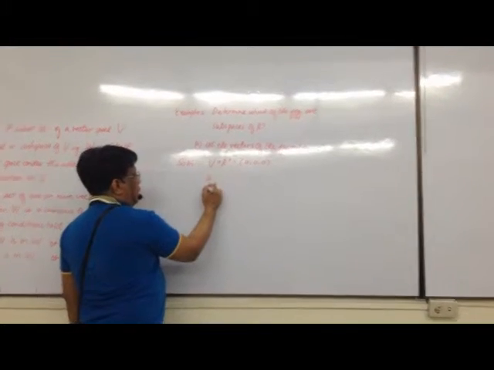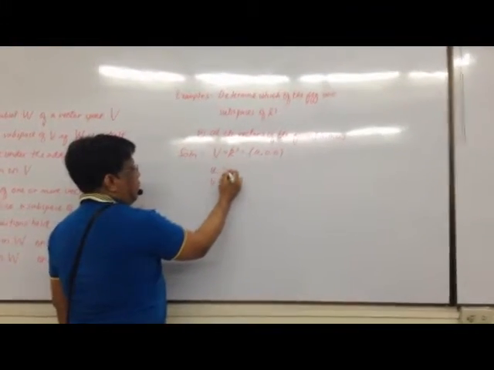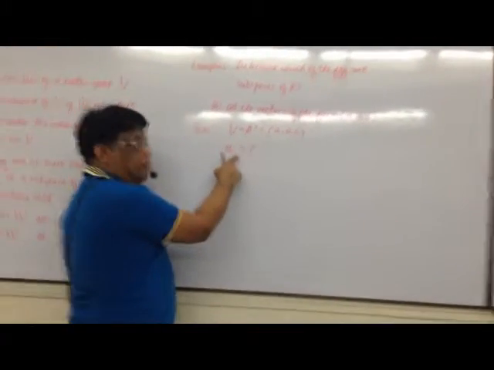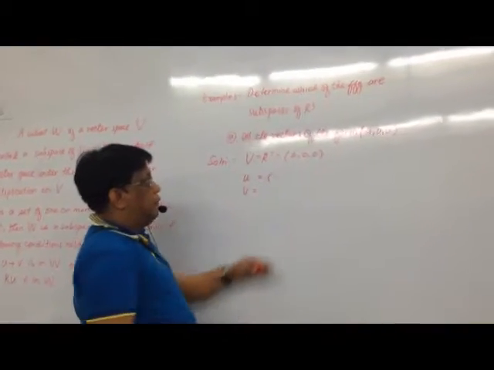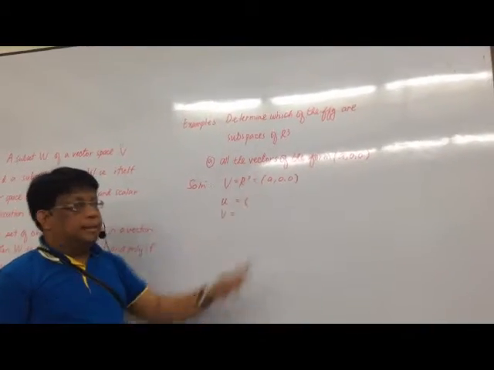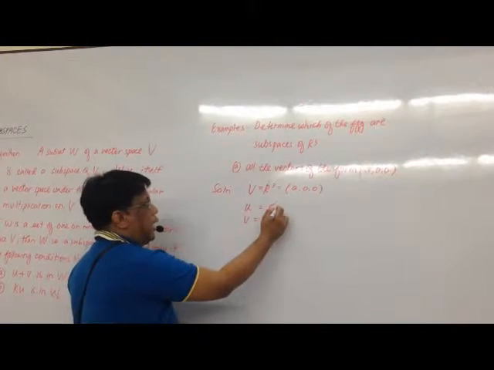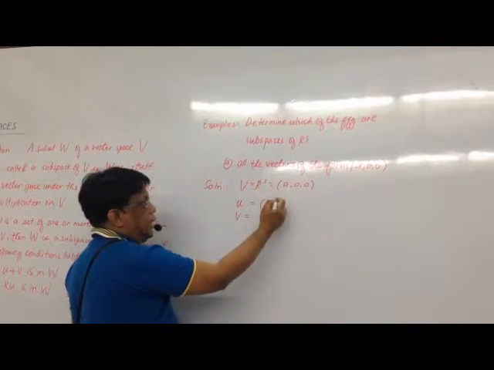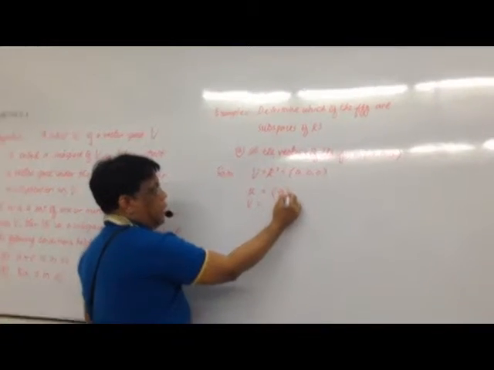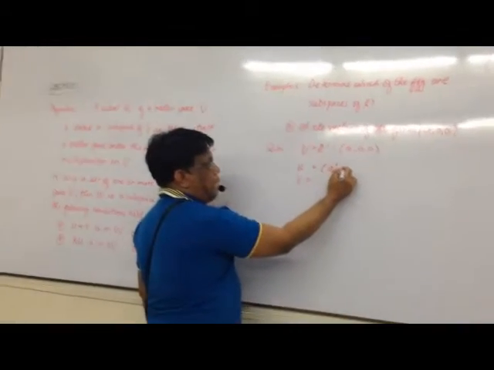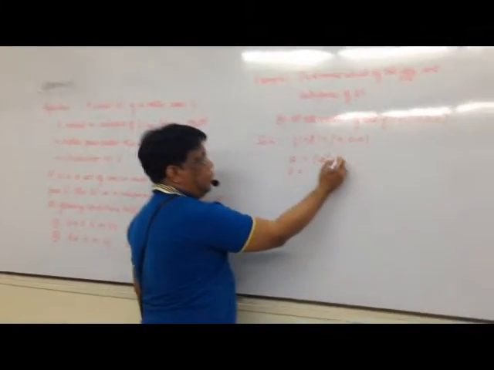Then define now your two vectors u and v. Of course, the vectors u and v will also have the form (a, 0, 0), which is a triple form, class. And so instead of a, let us have another way to describe it. Let us use a prime. Then what about the other two components?